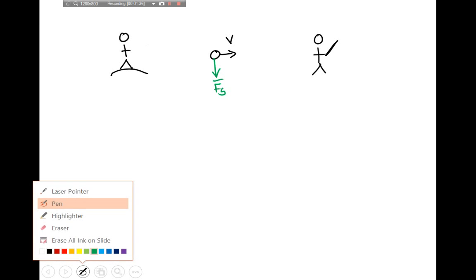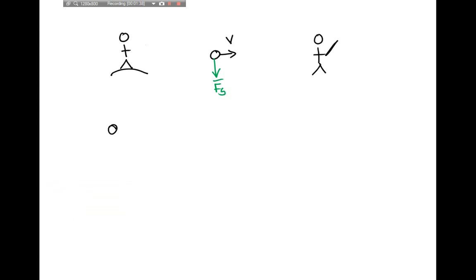However, if we look at what happens when a baseball hits a bat, let me draw a picture of what's going on here. So when a baseball hits a bat, the bat is going to exert a force on the ball. So this is the force that the bat exerts on the ball. And then the ball is going to exert a force on the bat.